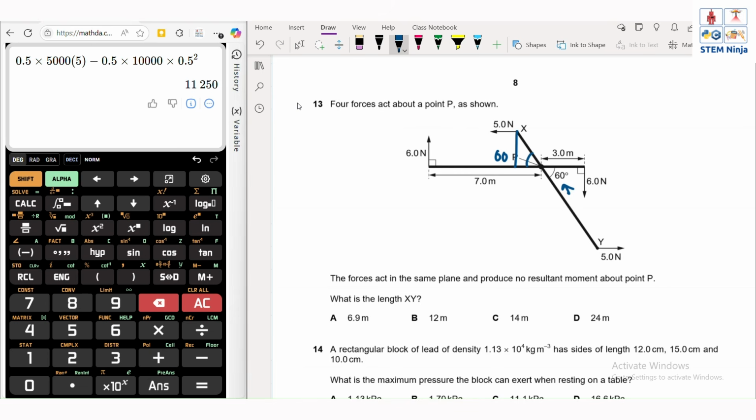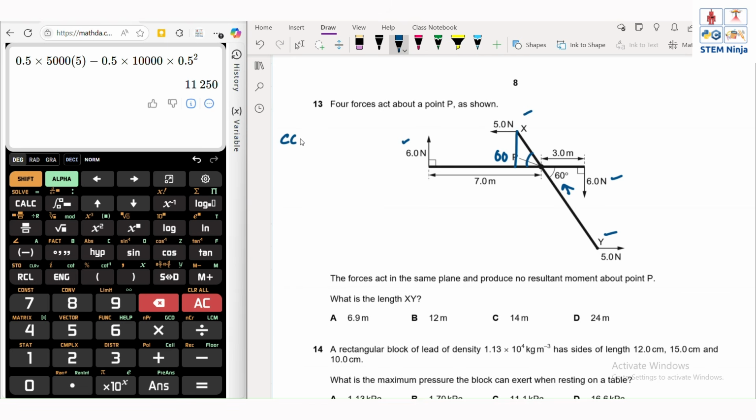So let's try making it into the sum of moments equation, anti-clockwise moments, clockwise moments. Clockwise moments would be this one, and anti-clockwise moments would be these two.